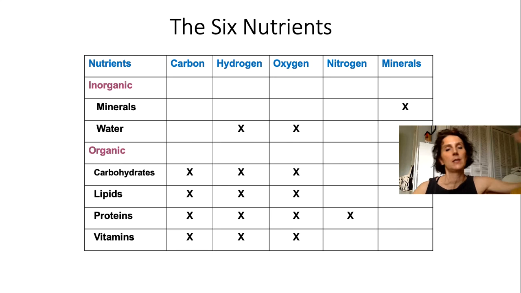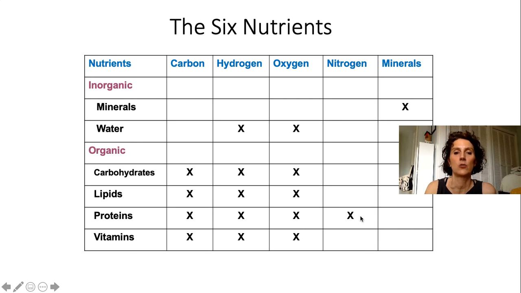And interestingly, those molecules are also made up of hydrogen and oxygen with the addition of carbon. And in proteins, they actually have some nitrogen. So this is really cool. Look at this. Carbohydrates, fats, and proteins all have carbon, hydrogen, and oxygen.